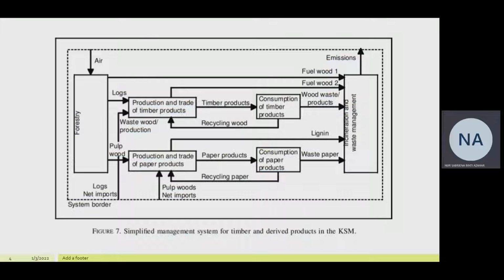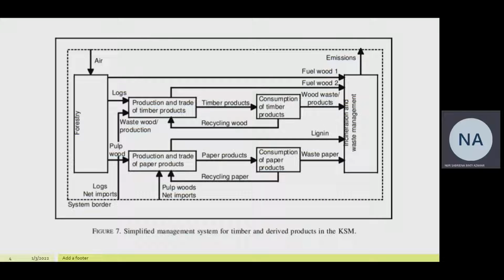Then it continues to the consumption of timber products. These include household, industry, and trade consumer timber products. These products are transferred into the stock, to the incineration and waste management, or returned to the production of timber products as recycled timber.